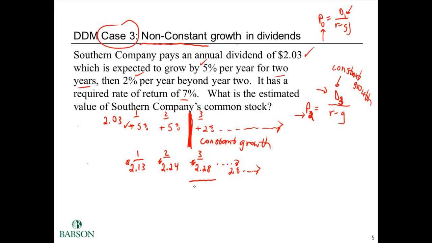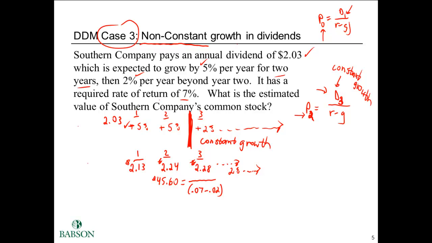So if we take the year 3 dividend, divide by 0.07 minus 0.02, we end up with the terminal value of Southern Company of 2.28 divided by 0.05 gives us $45.60. So again, that's the value that we would expect Southern Company to be selling for at year 2.